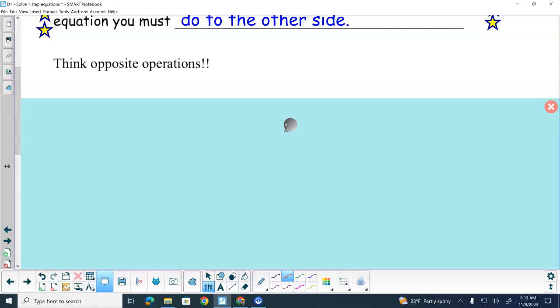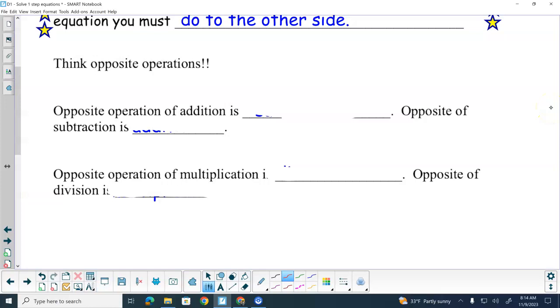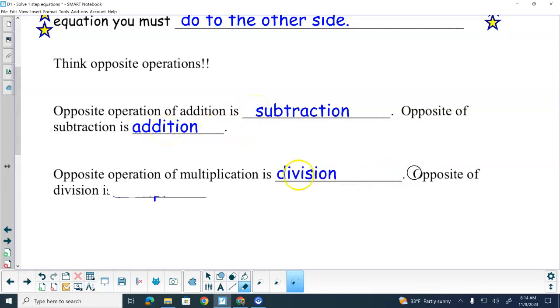So if we are dividing something in our equation, to move it to the other side, we're going to have to multiply. If we're adding something in our equation, to move it to the other side, we're going to have to subtract it. We've got to think oppositely when we're moving stuff from one side to the other. So the opposite operation of addition is subtraction, and the opposite of subtraction is addition. Opposite of multiplication is division. Opposite of division is multiplication.